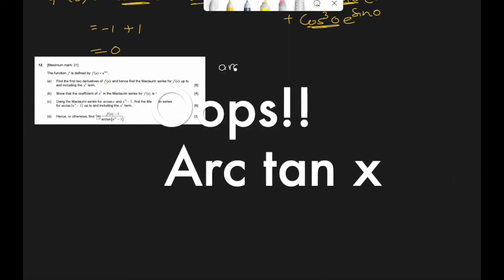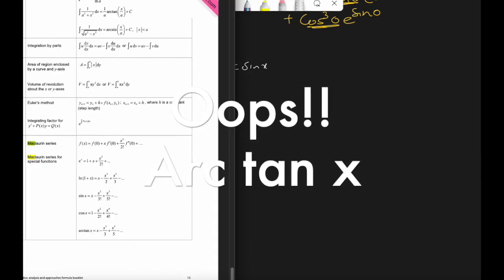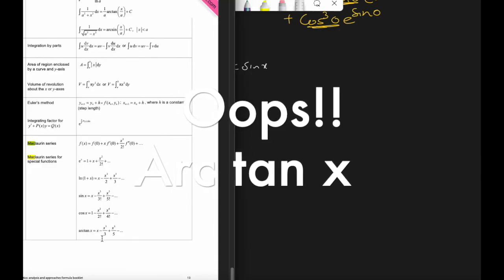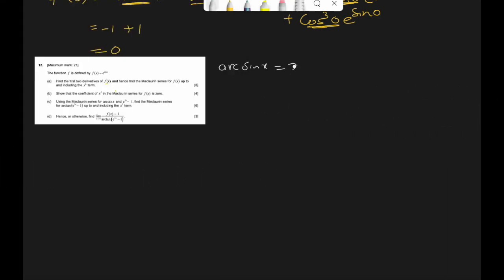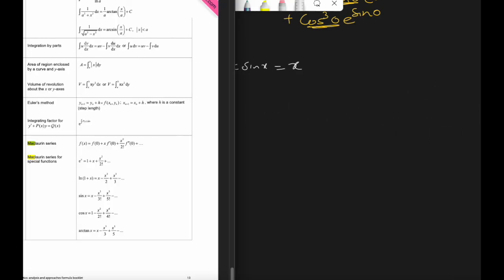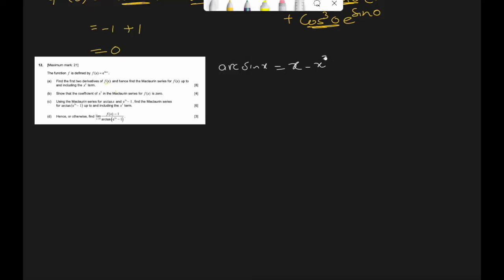So arc sine x. Let's go back to our Maclaurin series. Arc sine x is equal to x minus x cube over 3 plus x to the power 5 over 5, and that continues.